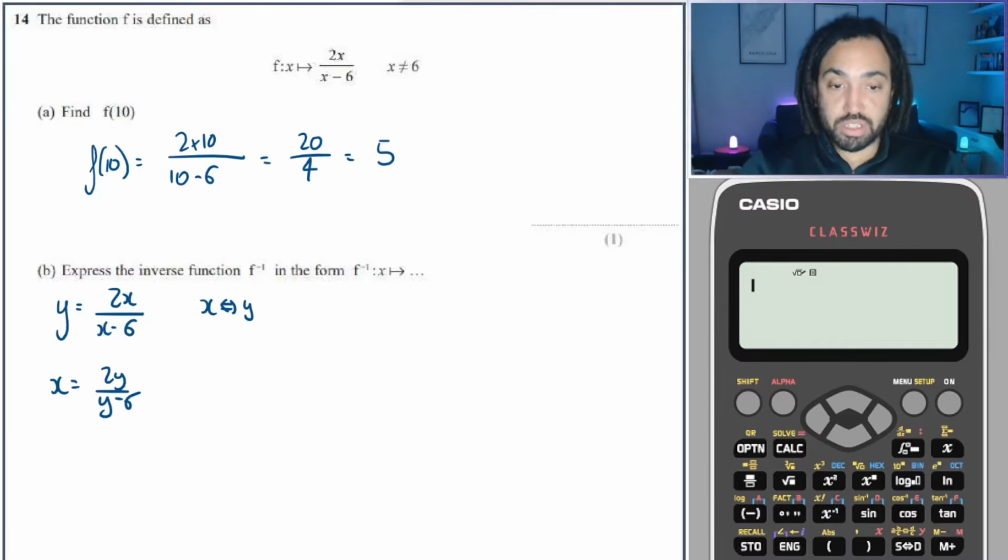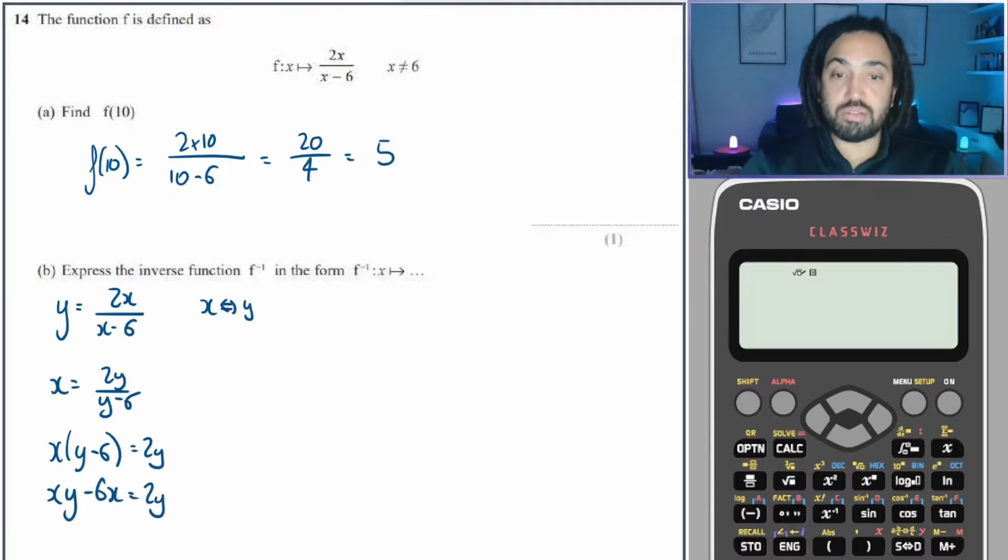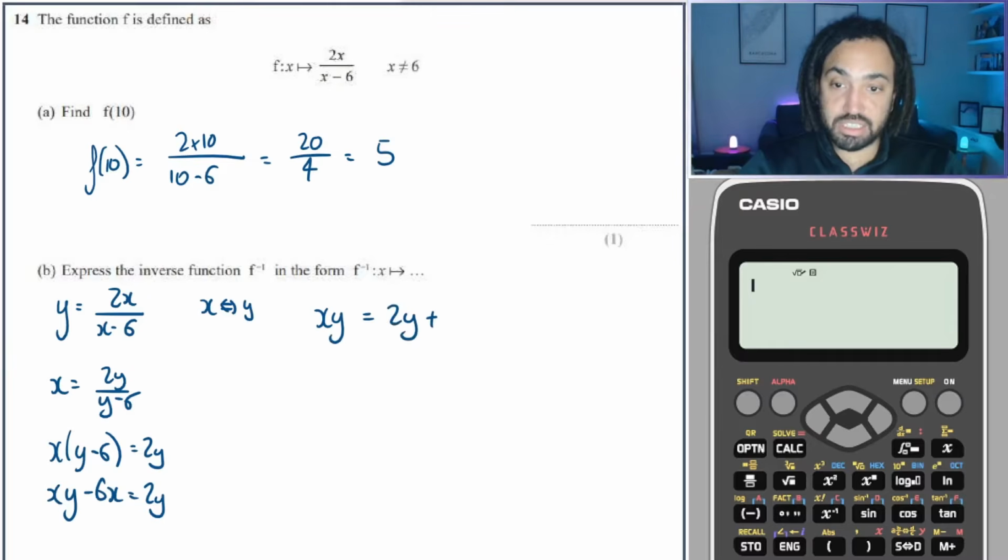And then what I need to do is rearrange and make y the subject of this equation. So by doing so, I'm going to multiply both sides by y minus 6. I'm then going to expand my bracket. And I'm going to want to move all the y's to one side. So I'm going to do that by adding the 6x to this side and then minusing the 2y to that side.